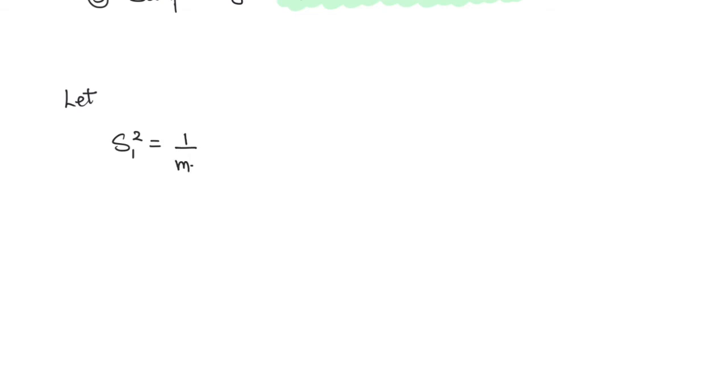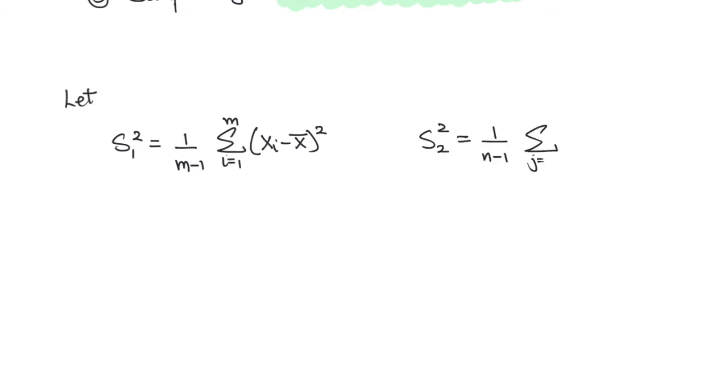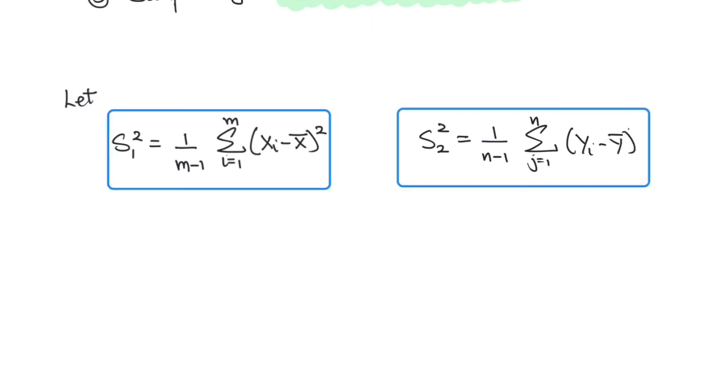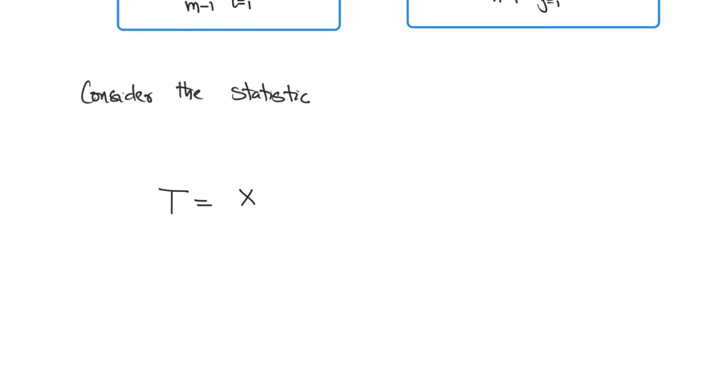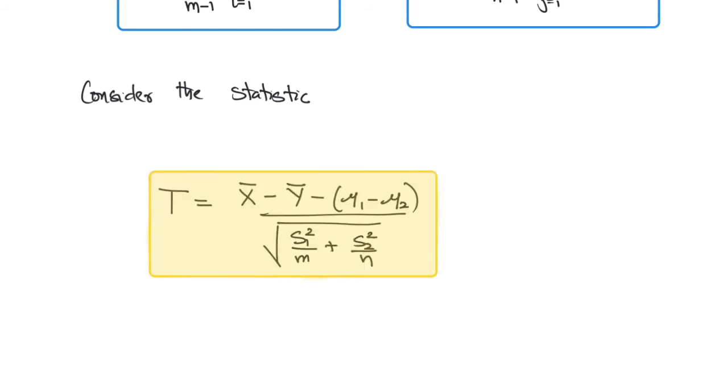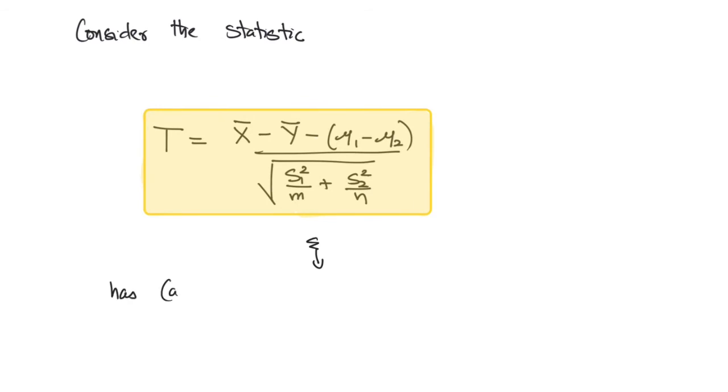In this setting, we define the sample variances s1 squared and s2 squared as follows. These are sample variances for the two samples, x and y. And we can consider the test statistic, t, defined by x bar minus y bar minus mu1 minus mu2 divided by the square root of s1 squared over m plus s2 squared over n.